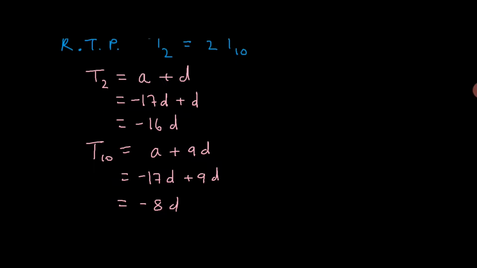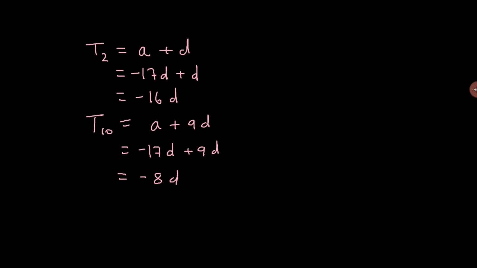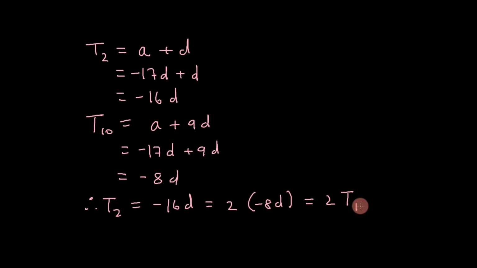Now, we got that T2 was negative 16d and T10 is negative 8d. So we can now write that, therefore, T2 is negative 16d, which is twice negative 8d. And we know that negative 8d is T10. So T2 will be twice T10. And we have answered the question.